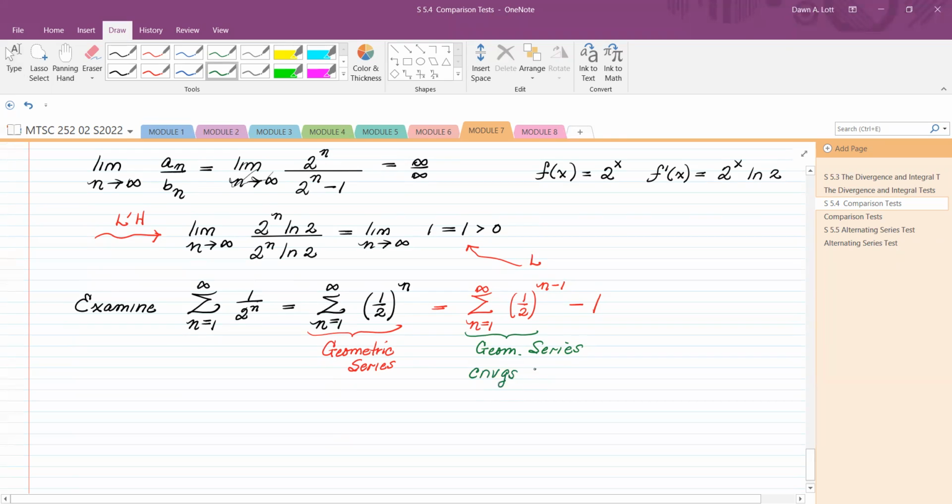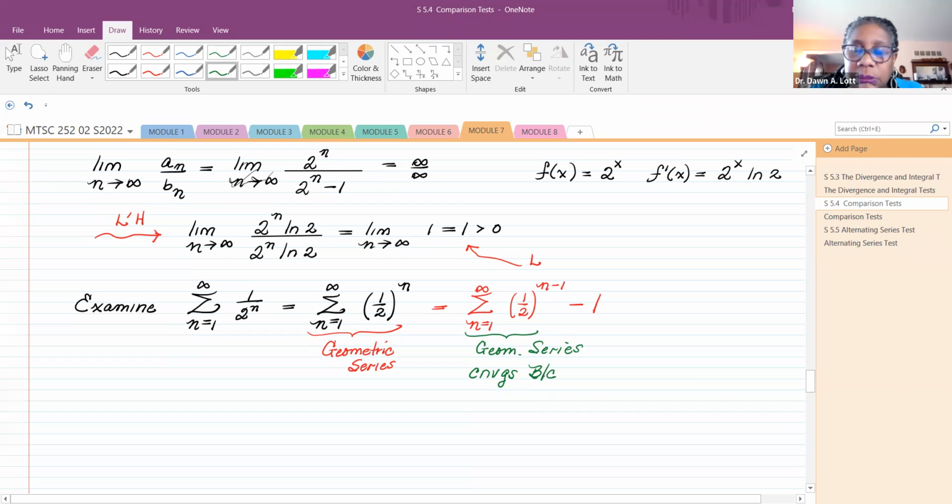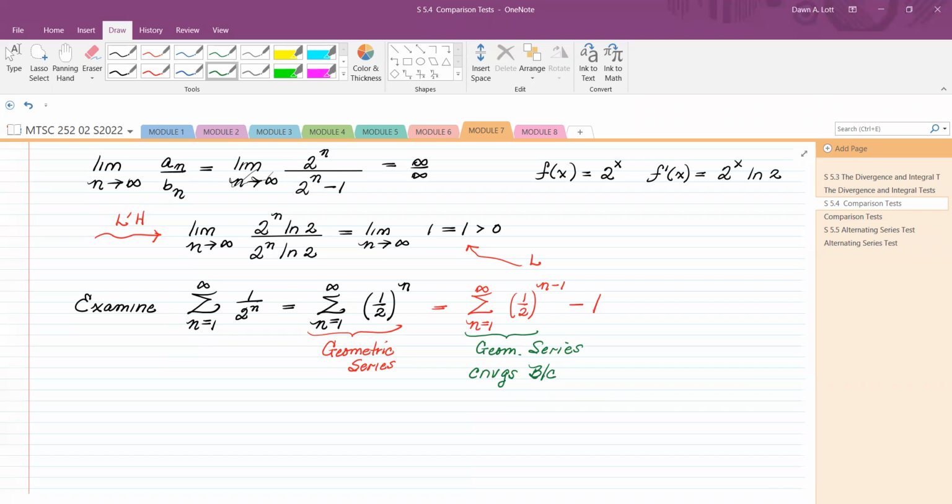Because it's basically where you have n minus 1 in the exponent. Wait, hold up. There's a real rule for this. A geometric series converges under one condition.